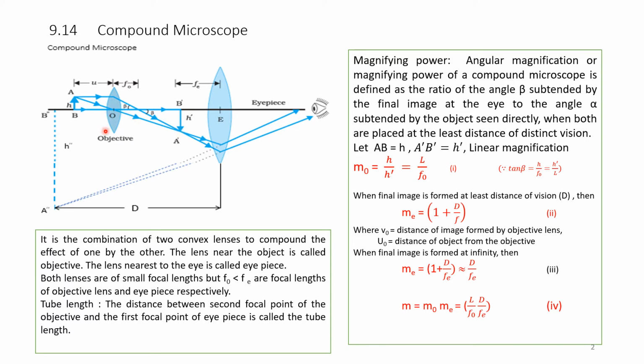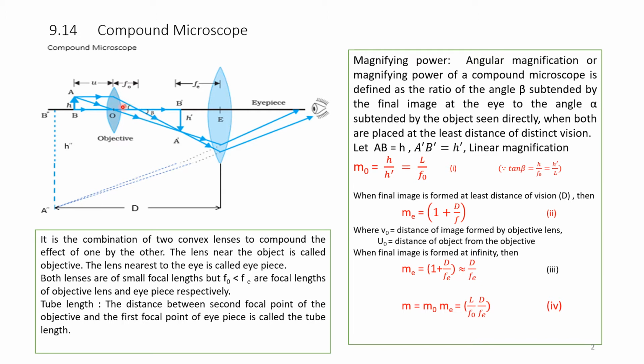This is MO, the magnification of the objective, given by H dash by H, that is the definition. So, from the geometry we have to find H and H dash. Let us see tan beta. This is the angle beta subtended by ray 1 towards the principal axis.